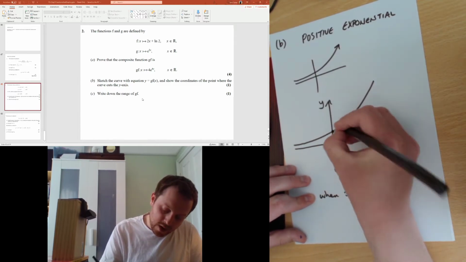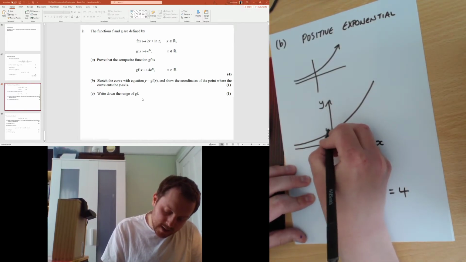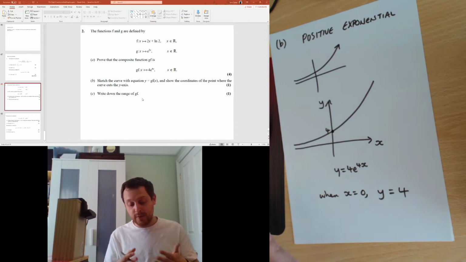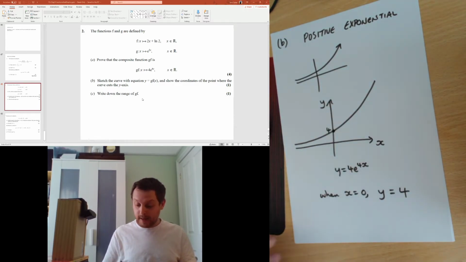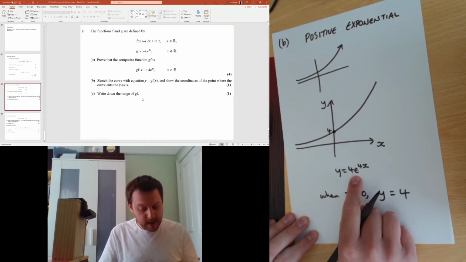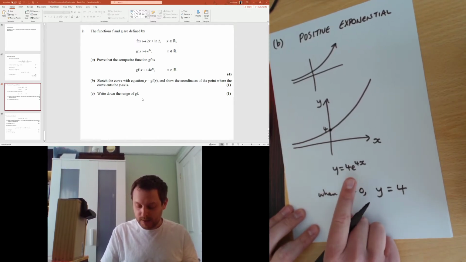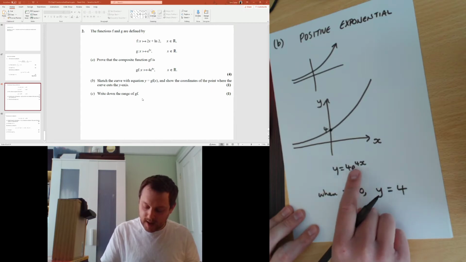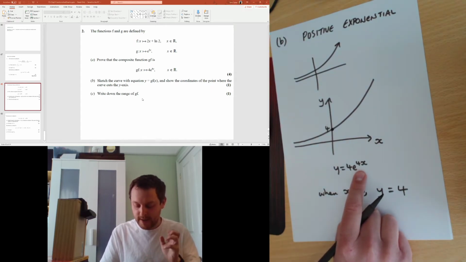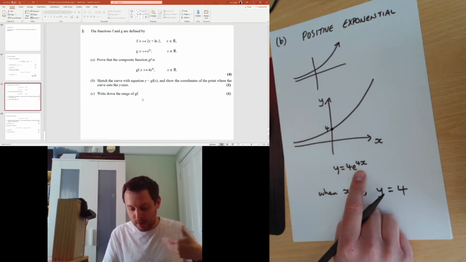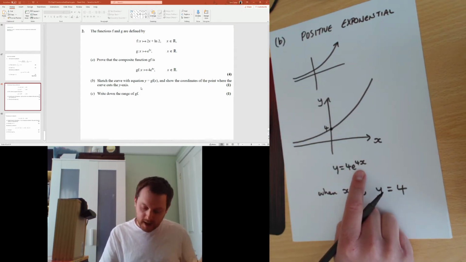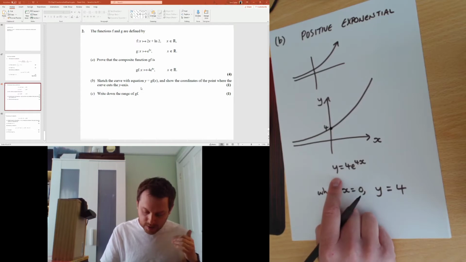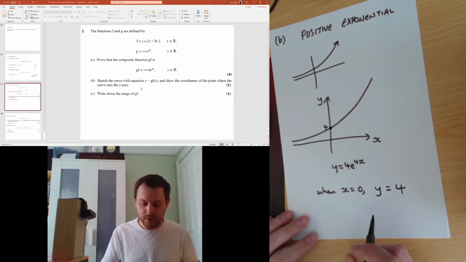So it must cross at 0, 4, or just 4 if I put that there. And then the x-axis being an asymptote is still the case. As x gets very, very large but negative, y will keep getting closer and closer to 0.